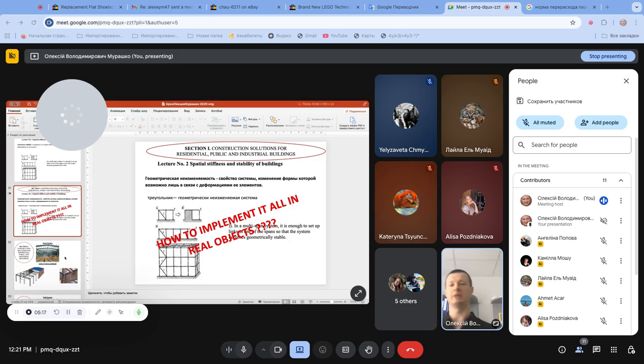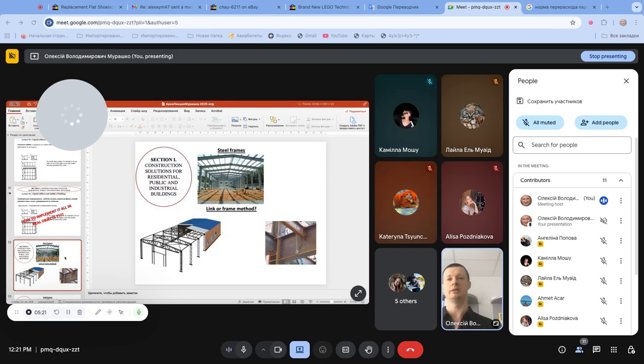So how can we implement it all in a real project in real life? First of all, when we are considering steel frames, it is also possible to design such a building with a rigid connection method or with a link method.